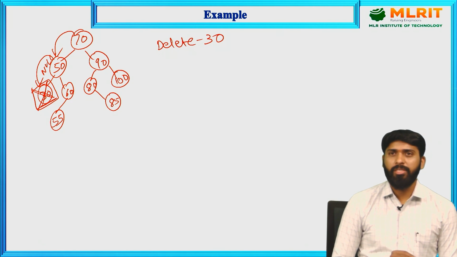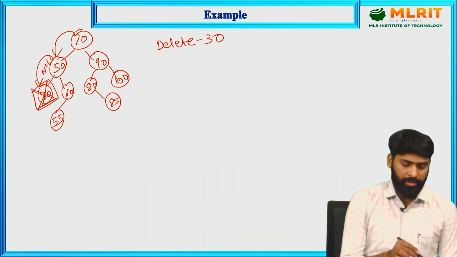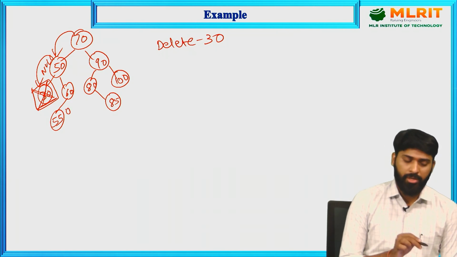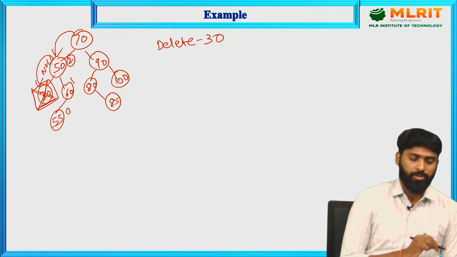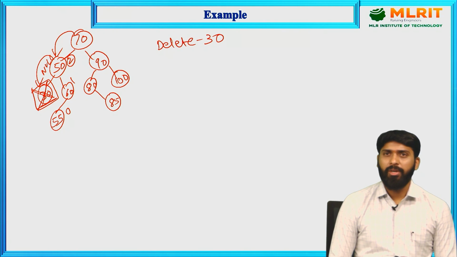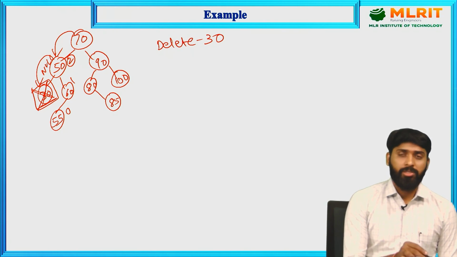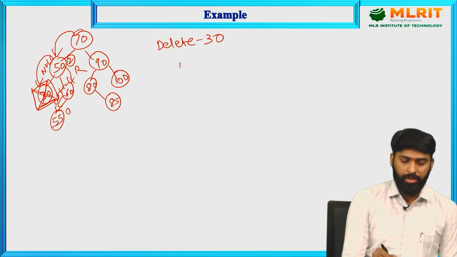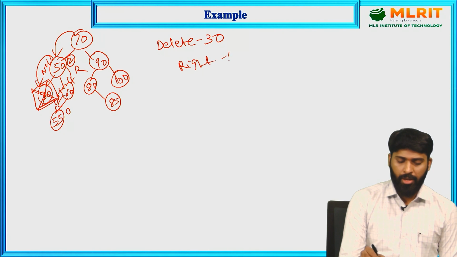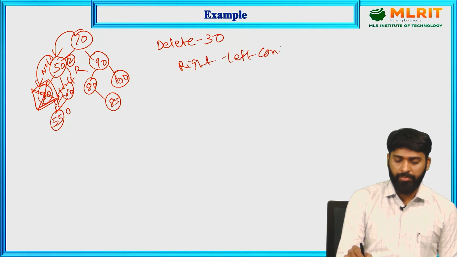Now what is the second step? Check the balancing factor. For 55 it is 0, for 60 it is 1, for 50 it is 2. So the AVL tree property is violated. So check the condition. Here the condition is right, left condition.